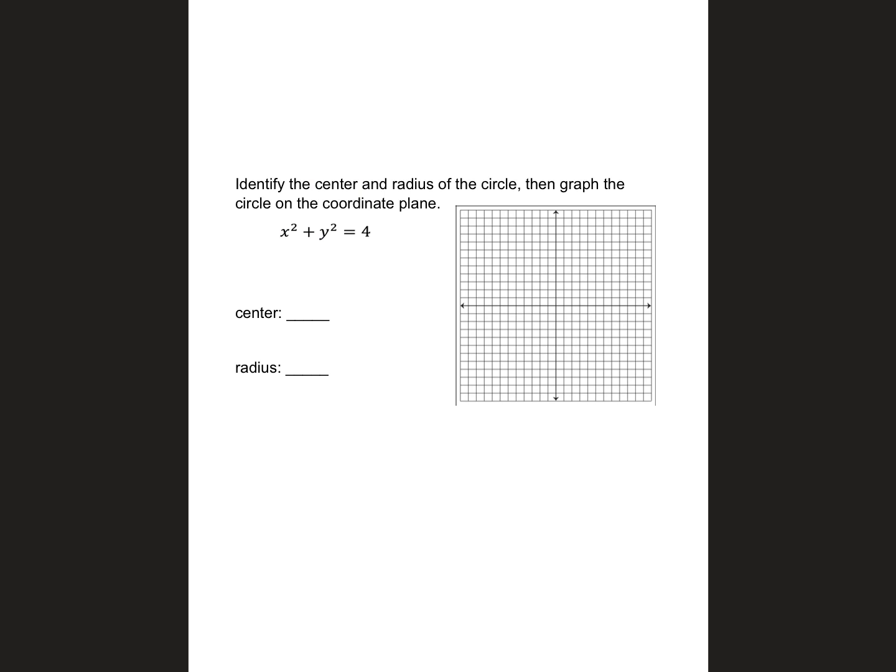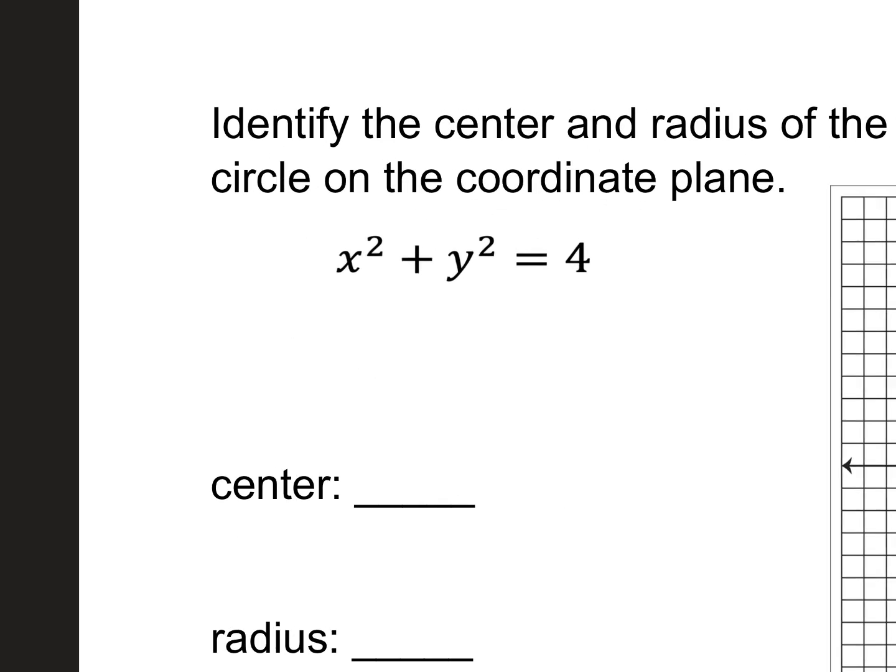As we practice graphing these or finding these components, it is helpful to go back and remember the form, x minus h quantity squared plus y minus k quantity squared, which equals your radius squared. And if you don't see it, it's because the values are unnecessary to write, so that's why they're not in here.